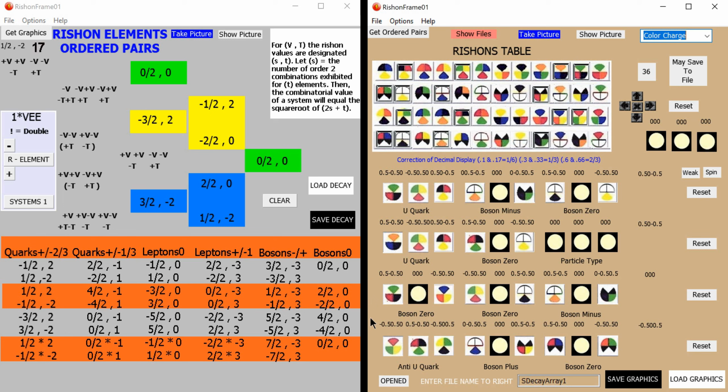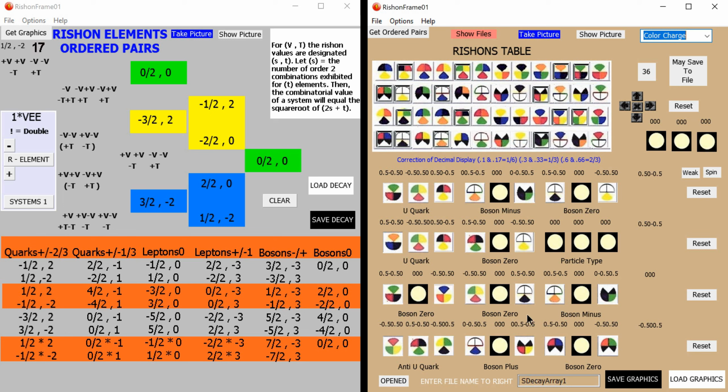And then we can see what is carried away by the W boson. And again, we have the boson minus, which had no color charge because we had blue and anti-blue.